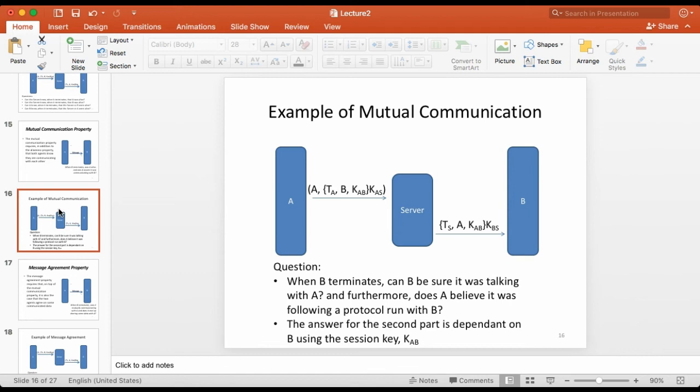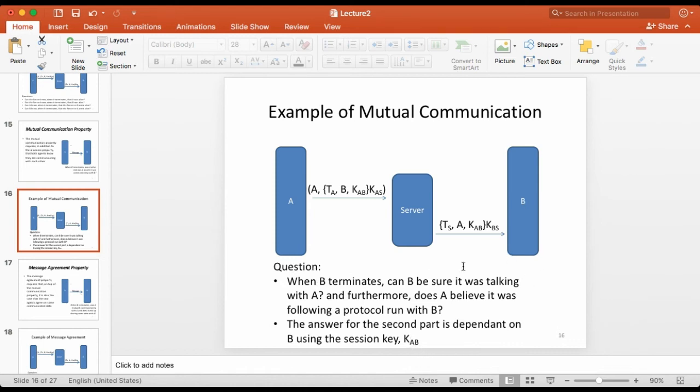So going back to our example here, the question is, when B terminates, can B be sure that it was talking with A? And furthermore, does A believe it was following a protocol run with B? And the answer for the second part is dependent, of course, on B using the second session key KAB.